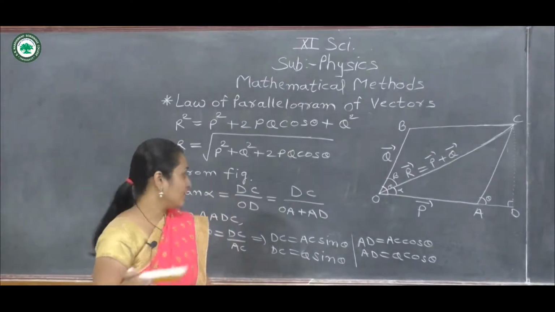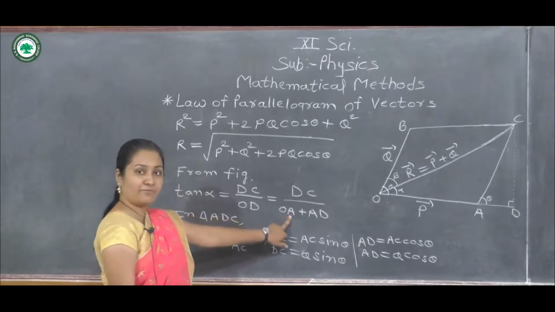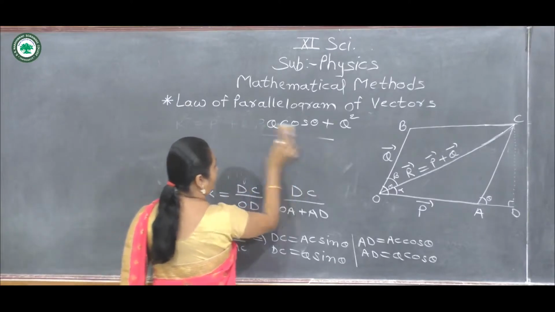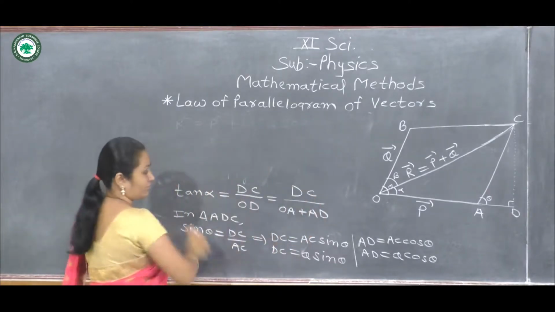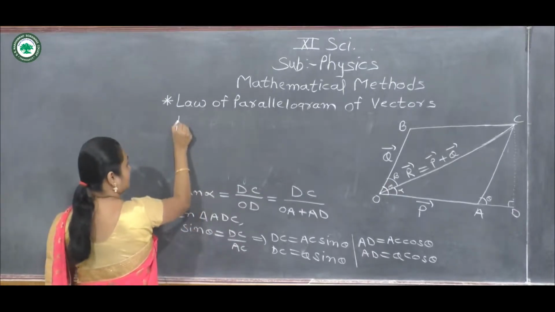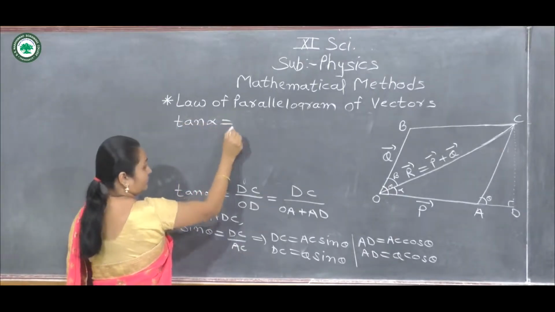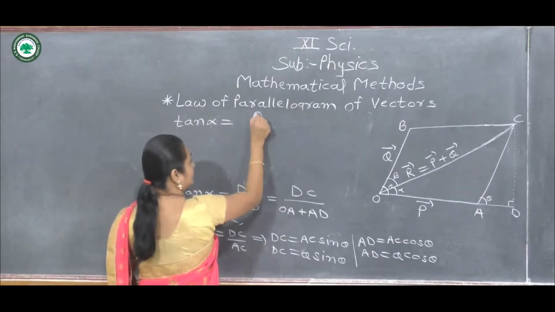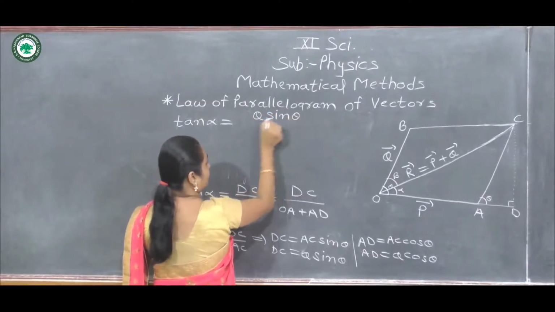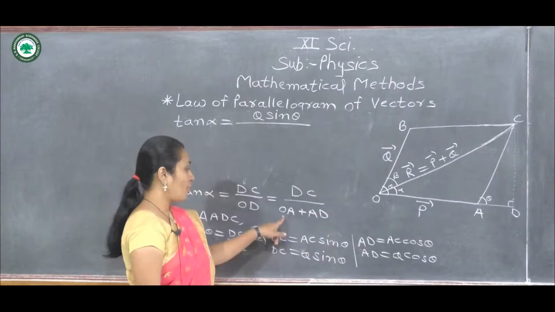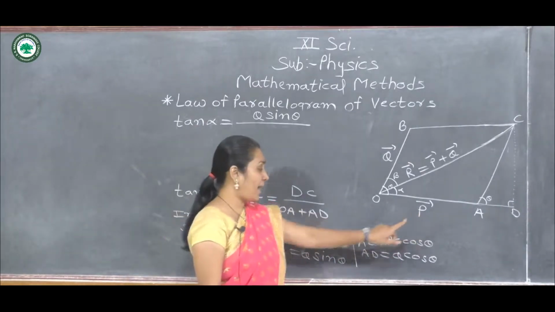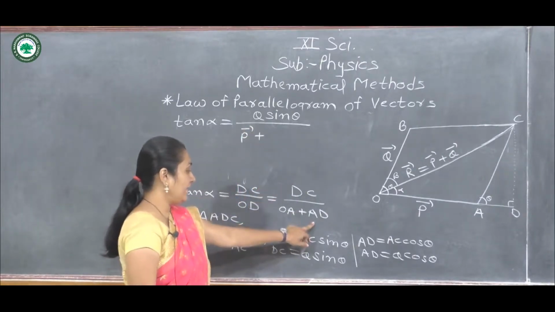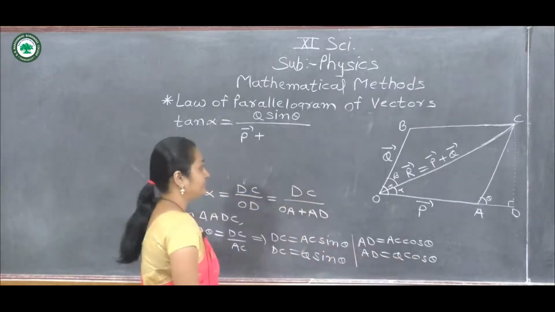Now by substituting these values in this equation of tan alpha, we can find the direction of the vector. Tan alpha equal to DC, which is Q sin theta, divided by OA, which is P bar, plus AD, which is Q cos theta.